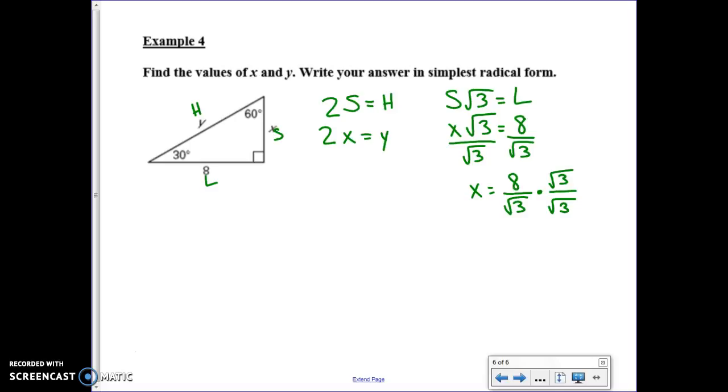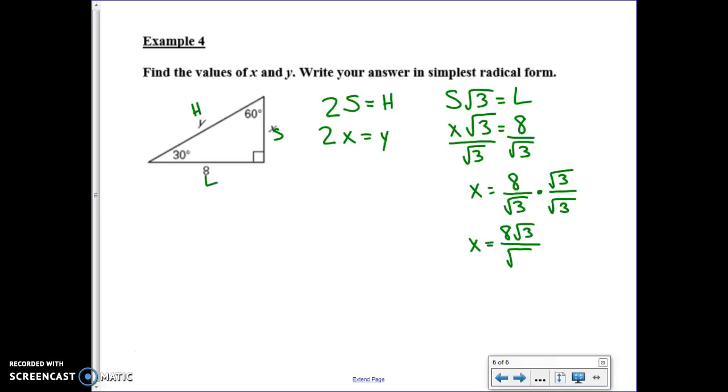Now, when you multiply straight across the top, I have 8 times the square root of 3. That's as simplified as we can get in the numerator right now. Looking at the denominator, I have the square root of 3 times the square root of 3. Well, remember that when we do the square root of 3 times the square root of 3, we multiply those inside numbers. So 3 times 3 would give you 9.